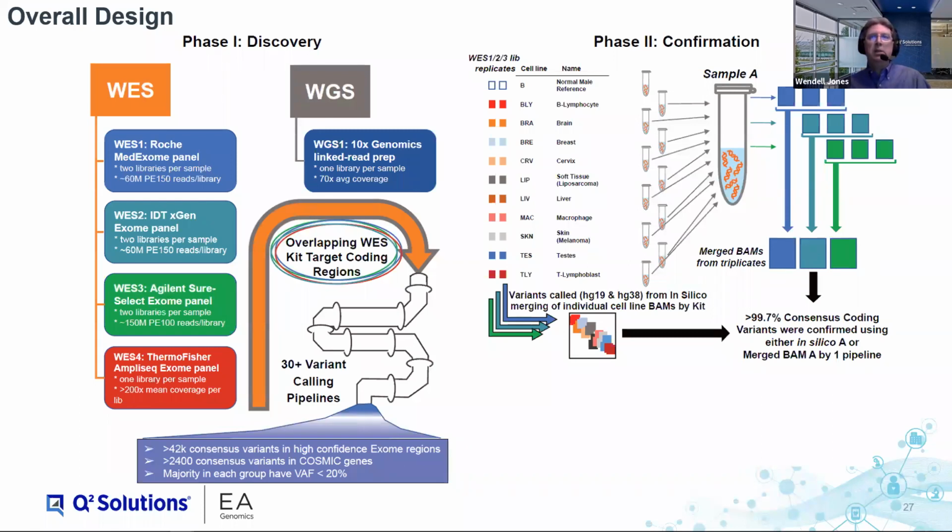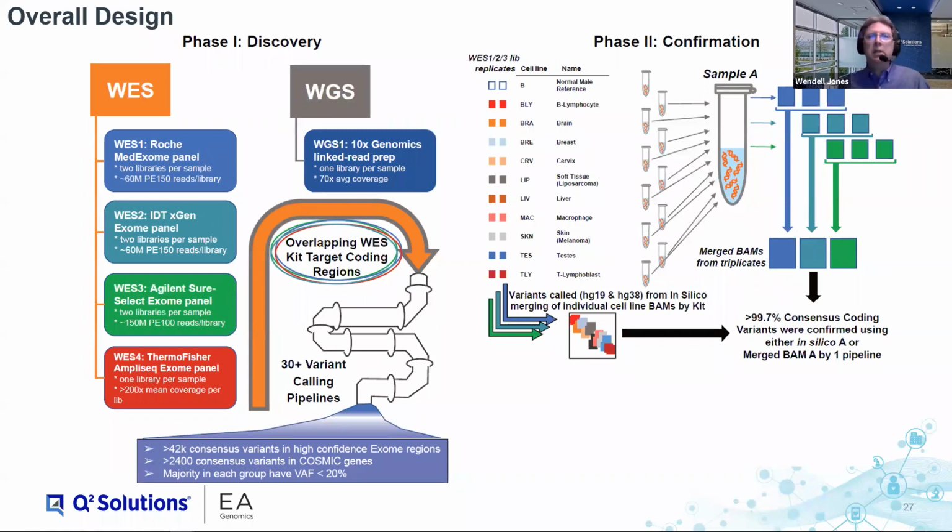First, we're going to create the pooled sample A, and then we're going to sequence it to very high depth using the three kits that I mentioned before: the Roche panel, the IDT panel, the Agilent panel. We're going to sequence them in triplicate, each to very high depth, and we're going to merge the BAMs from those triplicates and then call variants from that merged BAM for each of WS1, 2, and 3.